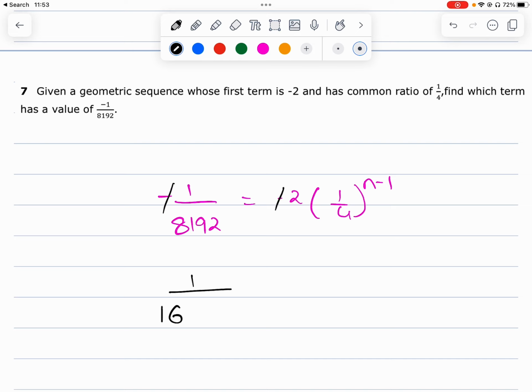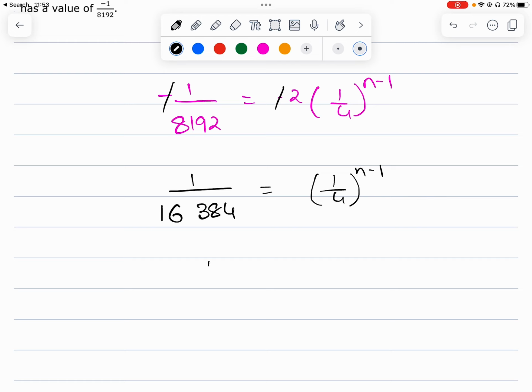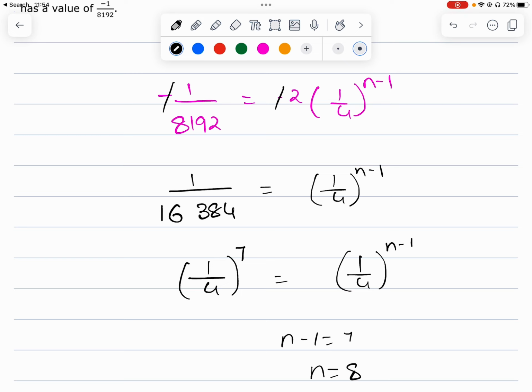It will become 16384 equals 4 whole power n minus 1. Can I write 16384 as a power of 4? It is 4 power 7. So n minus 1 equals 7, n equals 8.